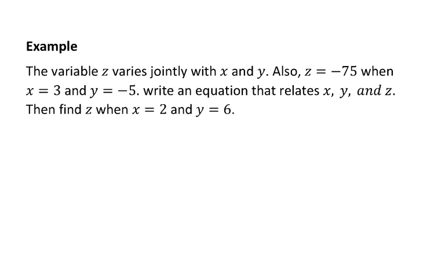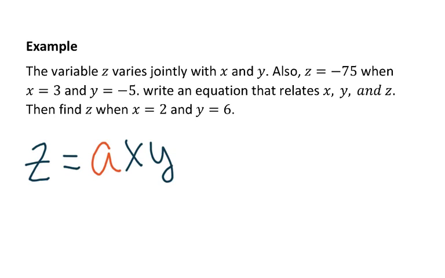All right, never mind. I lied. Z varies jointly with x and y. So let's go ahead and figure out what this constant of variation is. I know z varies jointly with x and y, so here's my x, here's my y.